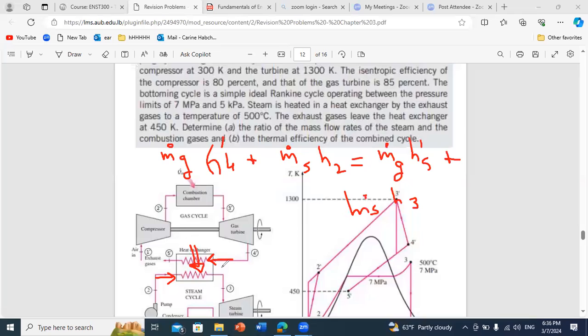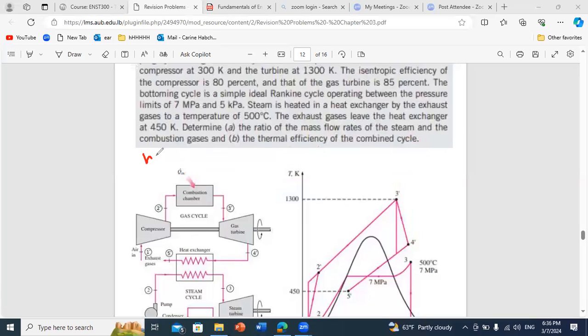So you can write it in another way: m dot gas times h4 prime minus h5 prime equals m dot steam times h3 minus h2. So what is lost by gas is gained by steam. And this is how you can calculate the ratio of mass flow rates.